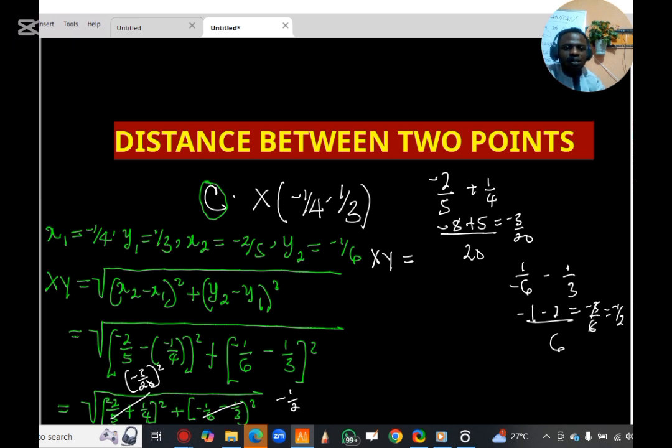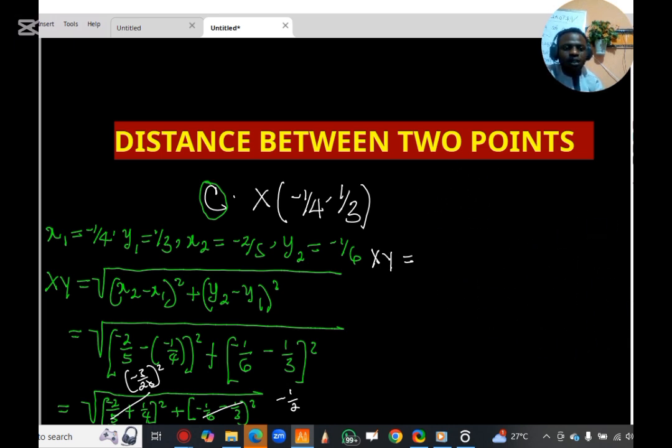So let's put that into our equation so that our xy remains negative 3 all over 20 all squared plus our negative 1 over 2.